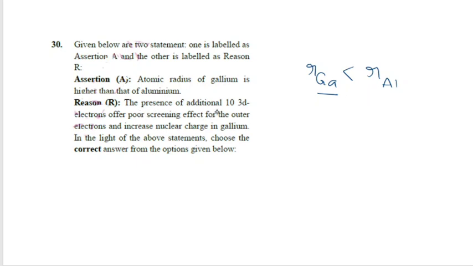The presence of additional 3d10 electrons offers poor shielding effect for the outer electrons. Yes, for the outer electrons, and increases the nuclear charge in gallium, right? The reason is definitely right, but because of this reason, gallium should have a smaller atomic radius than aluminum, but they have given higher than aluminum.